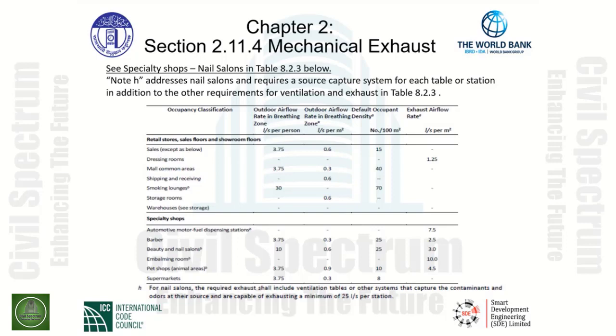For nail salons, the required exhaust shall include ventilation tables or other systems that capture the contaminants and odors at their source and are capable of exhausting a minimum of 25 liters per second per station. That is, every nail table or nail station must have a minimum exhaust airflow rate of 25 liters per second.